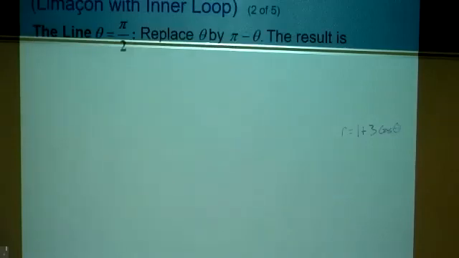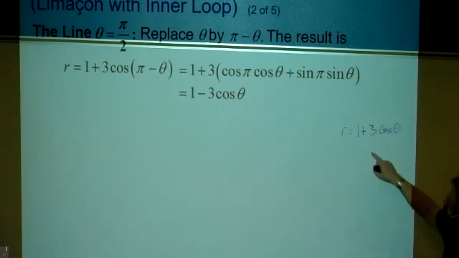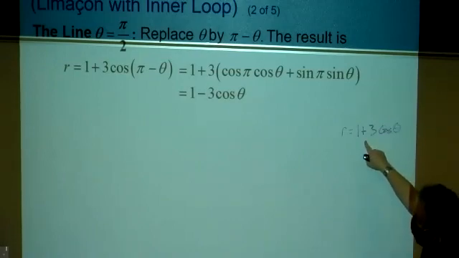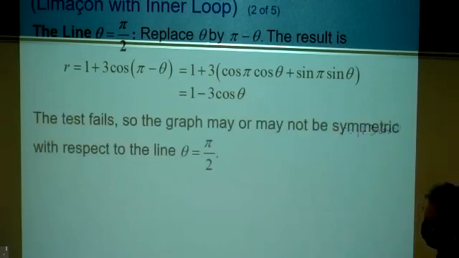And then we check the other two symmetries and put in pi minus theta. And because of the nature of what happens there, the sign is going to change between the 1 and the 3 cosine. So we don't know. It could be, but probably is.